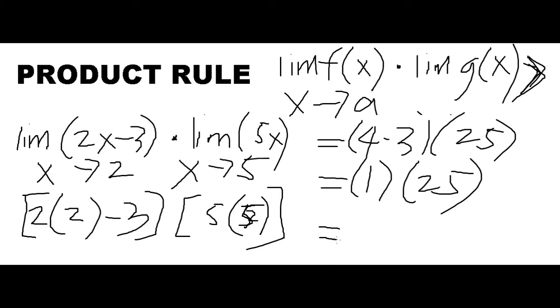So, 4 minus 3 times 25. 4 minus 3 is 1 times 25 is equal to 25. So, yan yung final answer sa second example natin dito sa product rule.